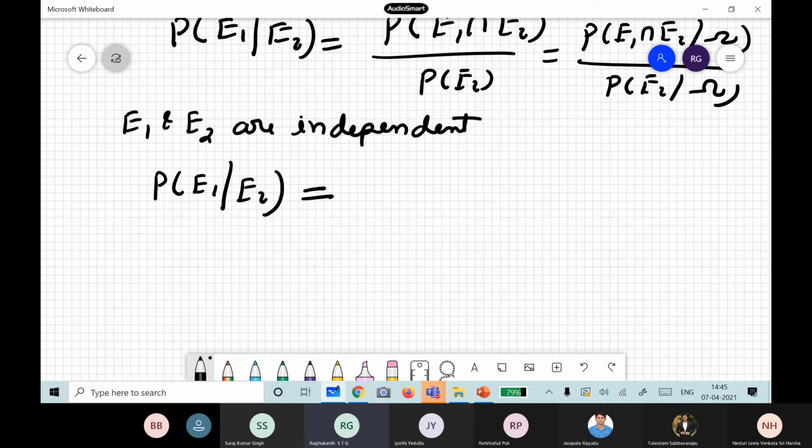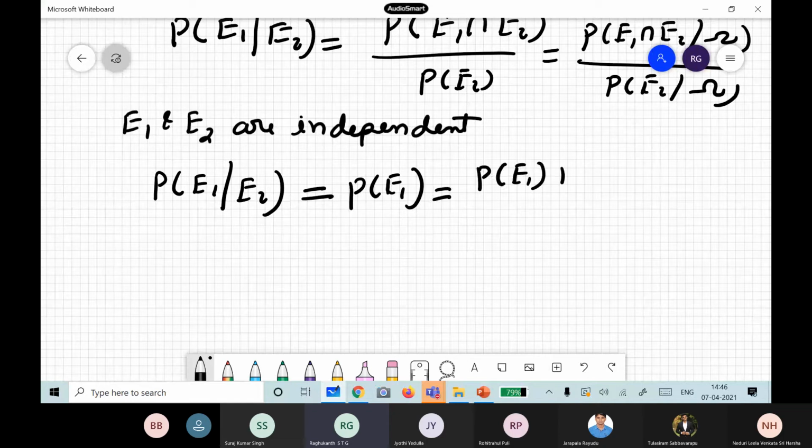P of E1 given E2, E1 and E2 are entirely different things. So will the probability of E1 change if they are independent? No. So this is the same as P of E1 itself.